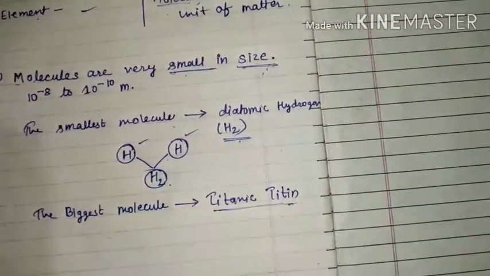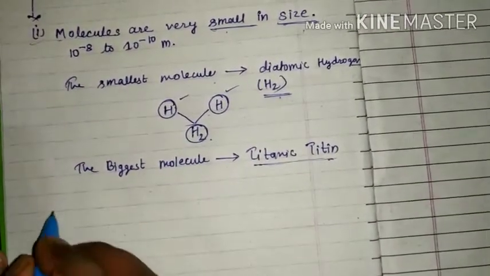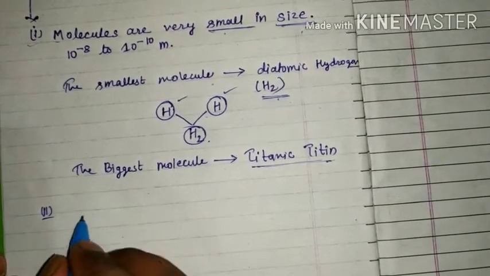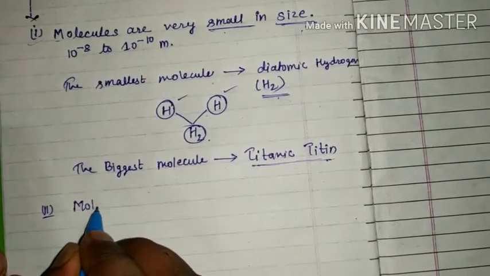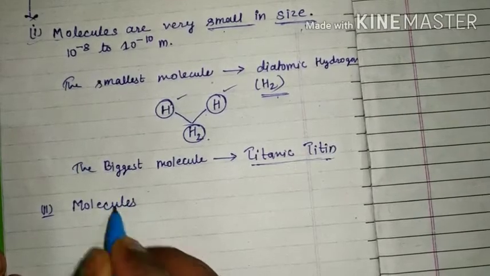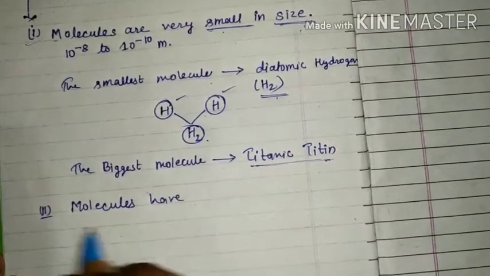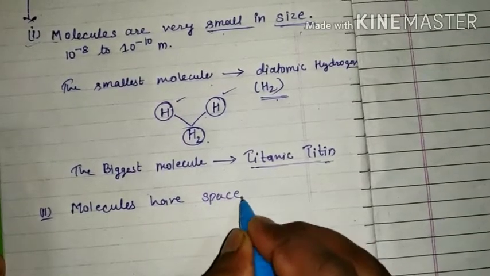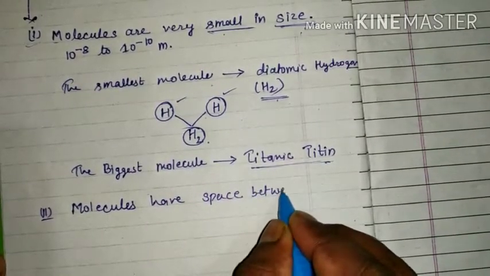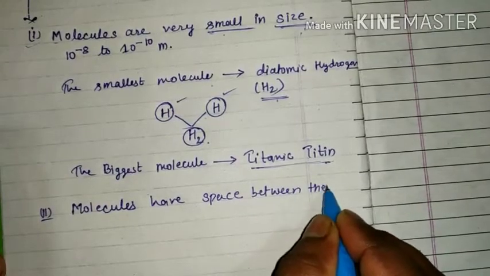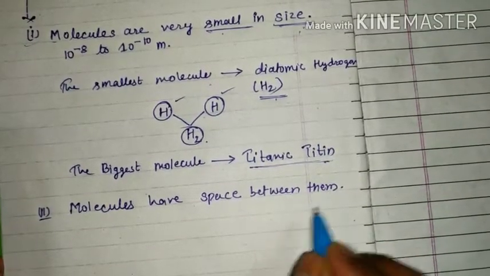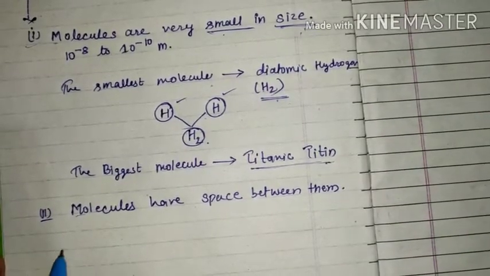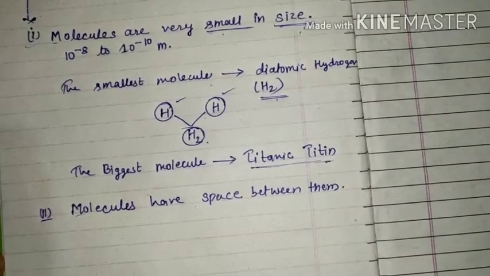Now the second characteristic of molecules is that they have space between them. Suppose this is solid.